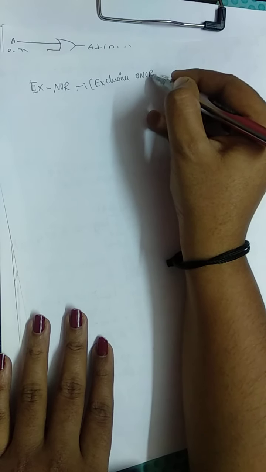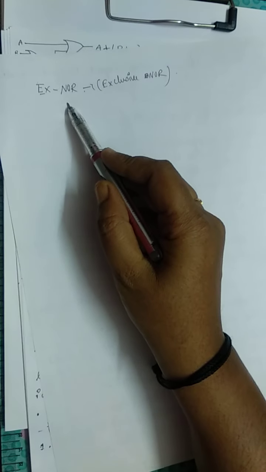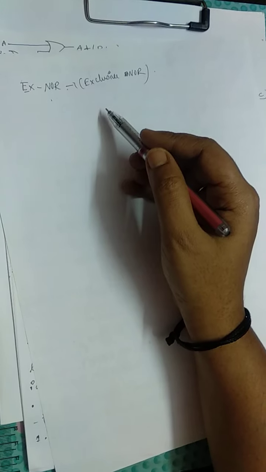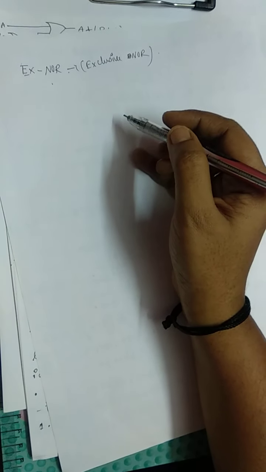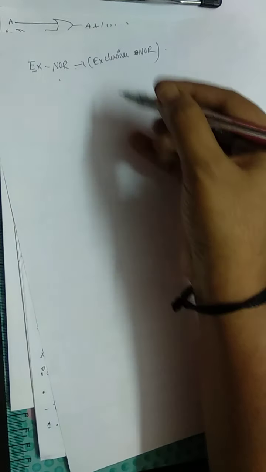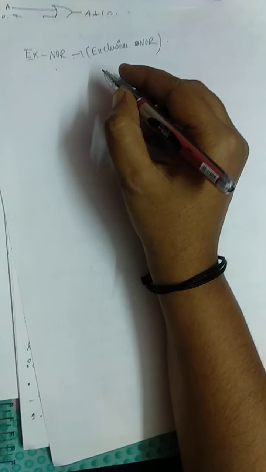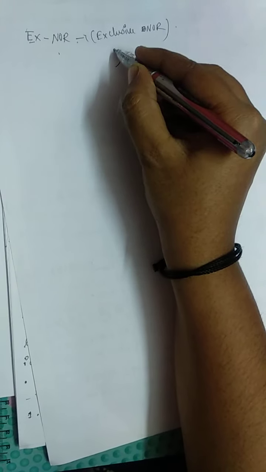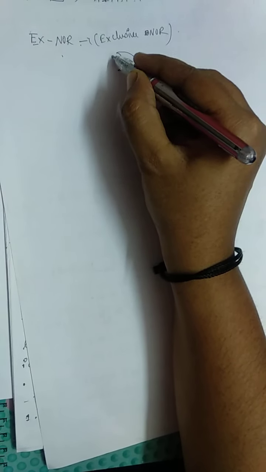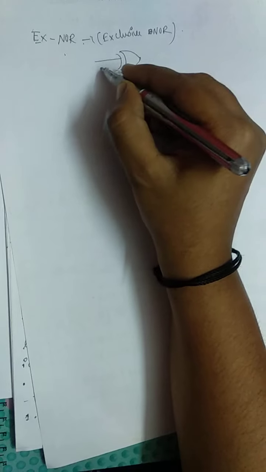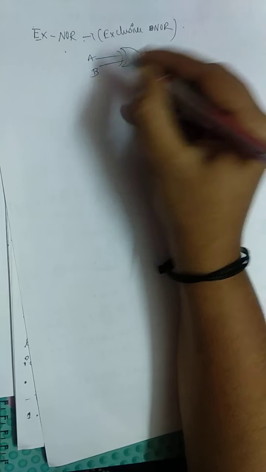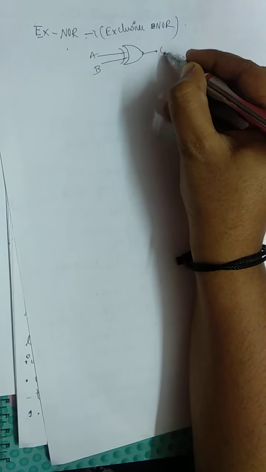In short form we call it the XNOR gate. This is also a combination of the OR gate. It also has 2 inputs and 1 output.